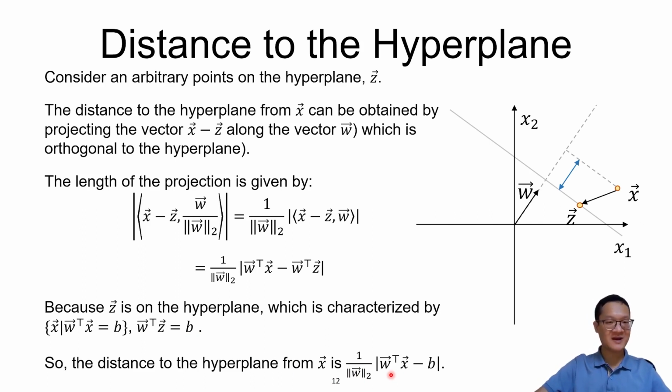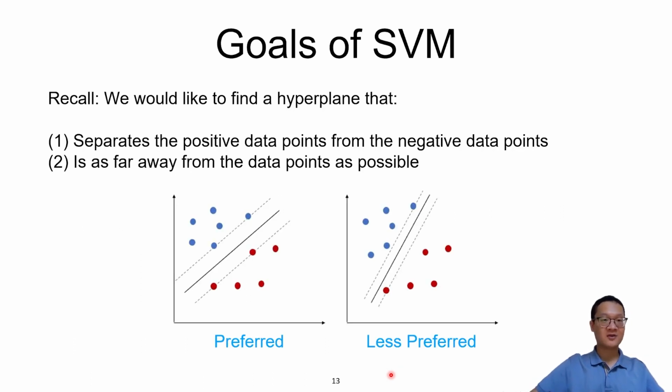Okay, so that's the mathematical background that we need to start to formulate the SVM problem. The goal of SVM is to find the hyperplane that, first, separates the positive data points from the negative data points, and second, we want the hyperplane to be as far away as possible from the data points.